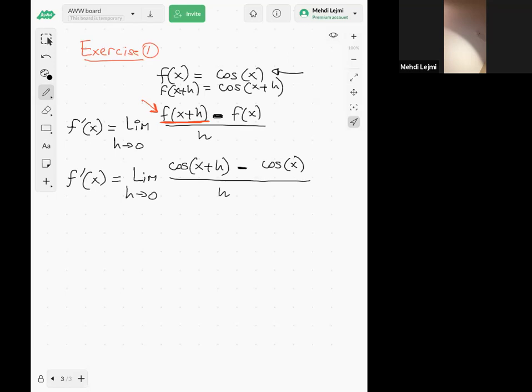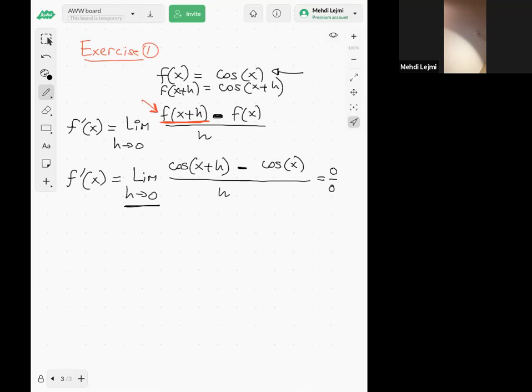Always the first step, whenever we want to compute any limit, is to replace your h or your x by the number given in the limit. Here h goes to 0. If you replace h by 0, that will be cosine of x plus 0, so cosine of x minus cosine of x is 0, and h is 0. So it's 0 over 0, which is an indeterminate form.